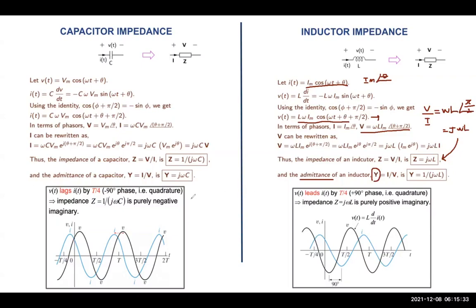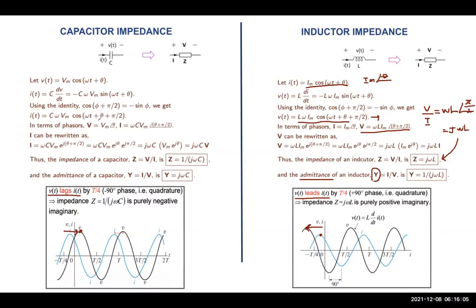As you can see, in the capacitor case, current leads voltage, and in the inductor case, voltage leads current. Well, what does this mean? In the capacitor case, the voltage comes after the current, and in the inductor case, the voltage actually comes before the current. So why is that the case? Let's look at the time domain signals again.